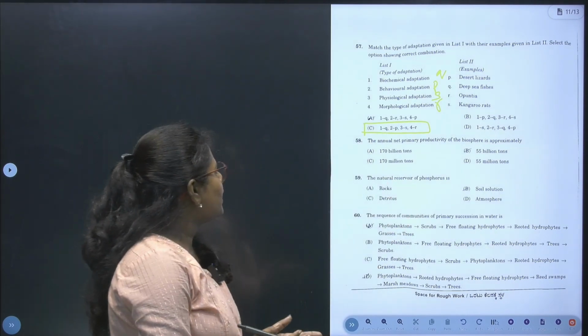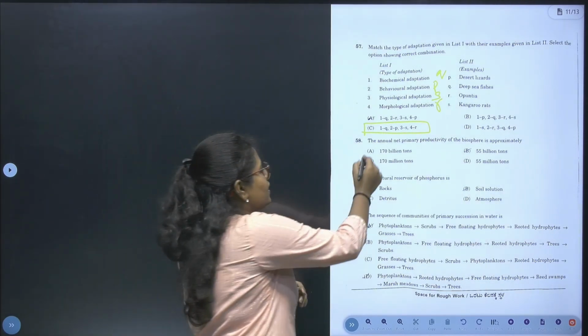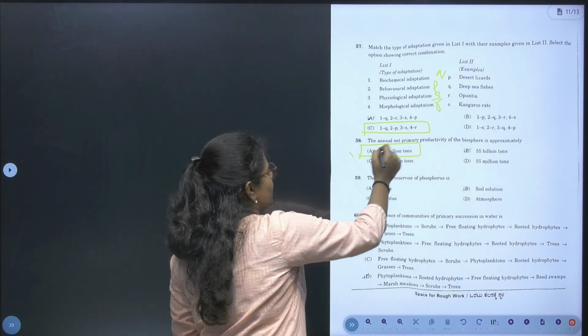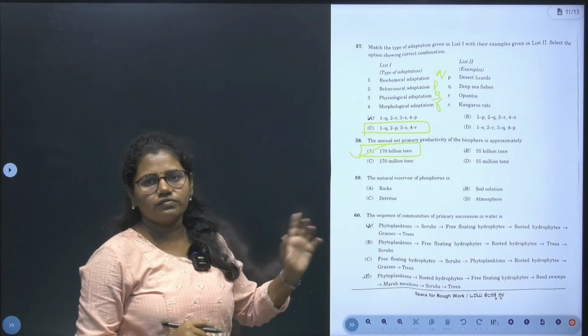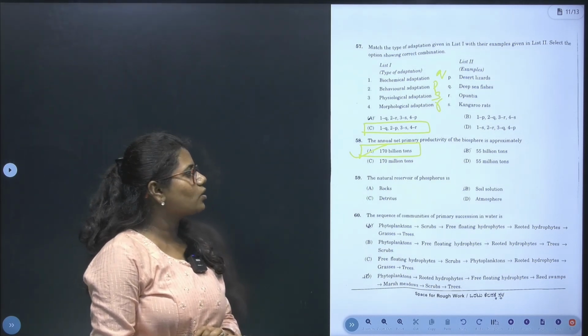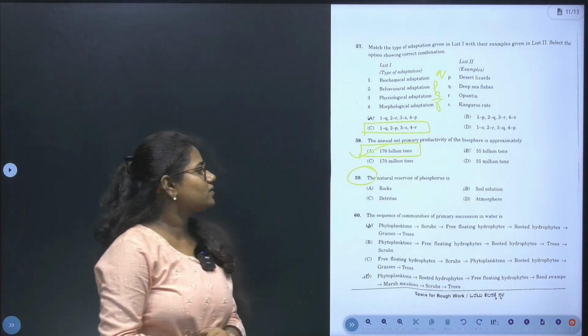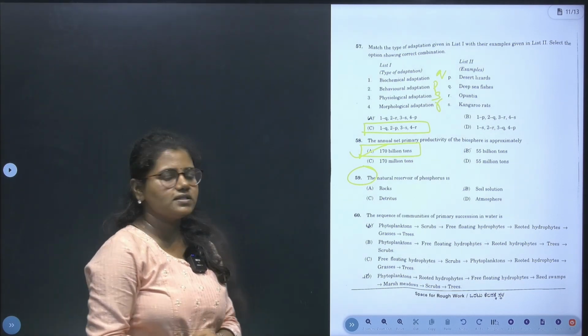Next, the annual net primary productivity of the whole biosphere, we know that it is 170 billion tons, whereas oceans contribute 55 billion tons. So the answer is A. The natural reservoir of phosphorus is, this is also from the reduced syllabus, rocks.